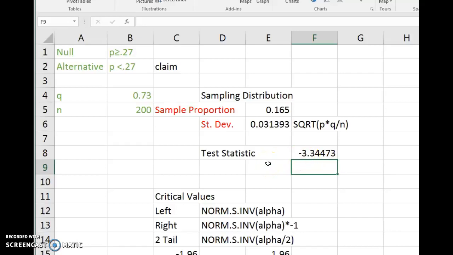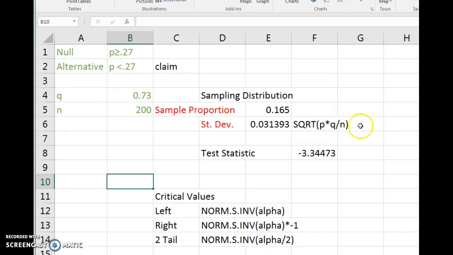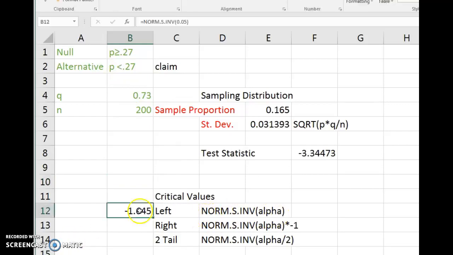And now let's see if, based on our critical values, we're going to reject the null hypothesis or not. Critical values are going to depend on alpha, so it's 0.05, and we're doing a less than test. So a left-hand tail or less than, we're going to just put 0.05 in here. And when we do that, we get a critical value right here.